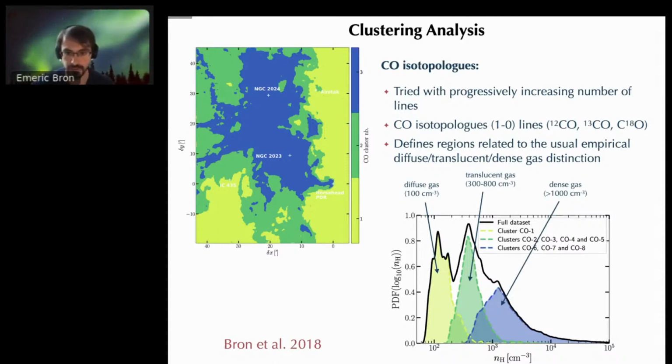The 3 clusters on the PDF figure at the bottom, represented by 3 peaks of different colors, correspond very well to the 3 peaks present in the PDF of the gas density, and those peaks correspond to the usual empirical definition of diffuse gas, translucent gas, and dense gas. So just based on our dataset and just on the observation of CO isotopologues, we already see that there is some empirical basis in defining those 3 categories of interstellar medium.